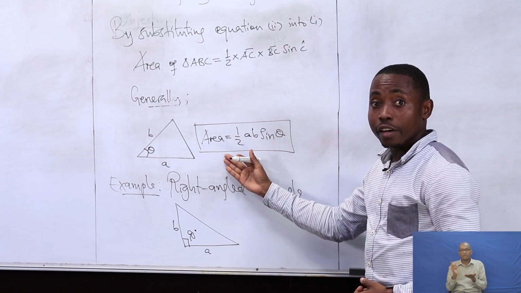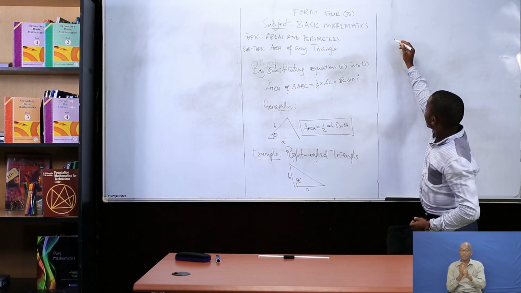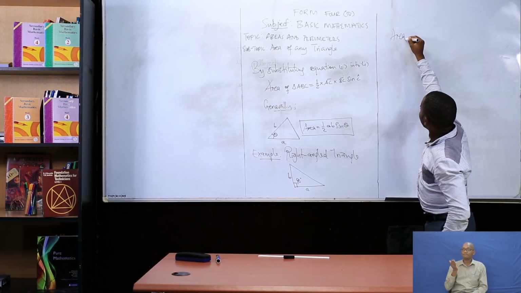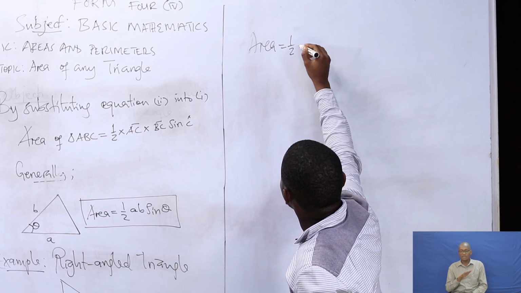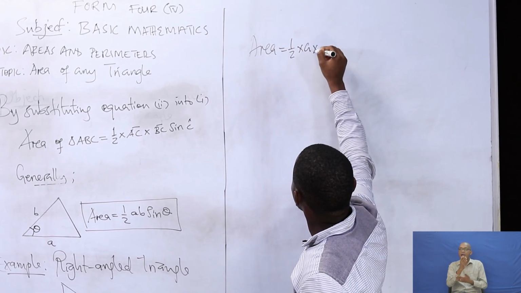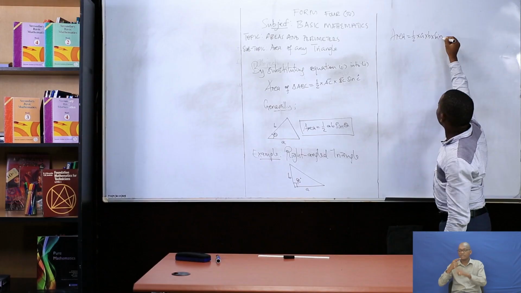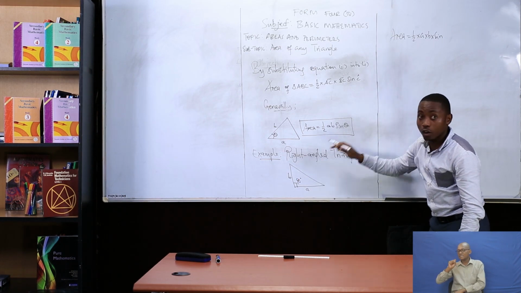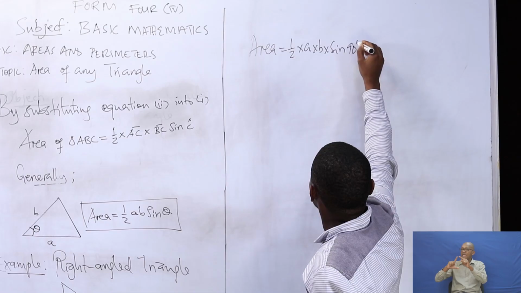By following the area that we have derived here. The area for a right-angled triangle will be equal to a half times A times B times sine of the included angle, which is what? 90 degrees.